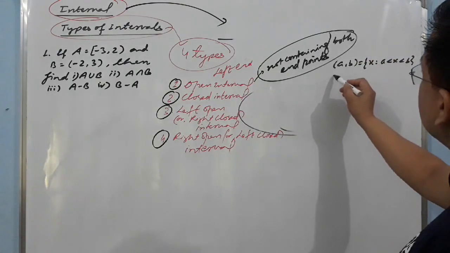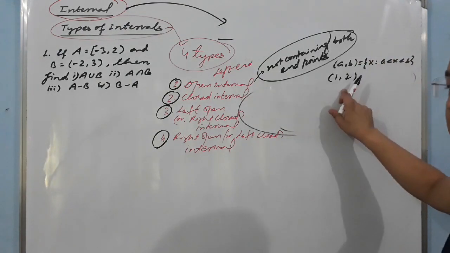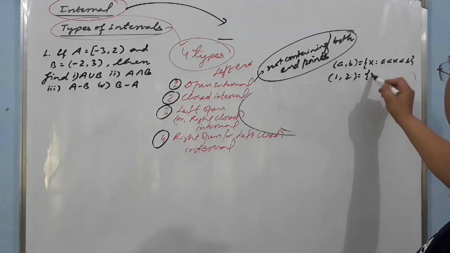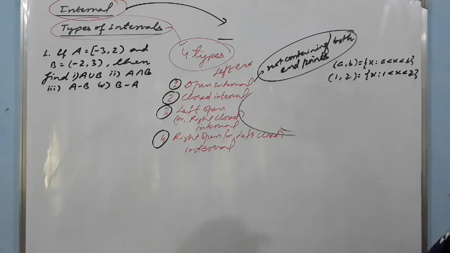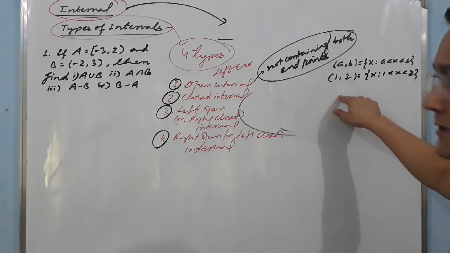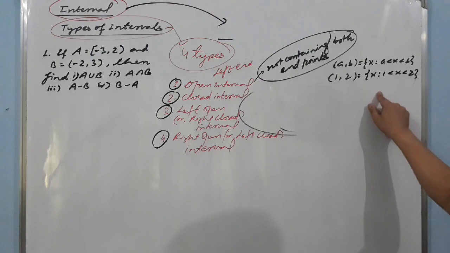If I say (1, 2), this is an open interval. Symbolically we can write {x : 1 < x < 2}, the set of all real numbers between 1 and 2.